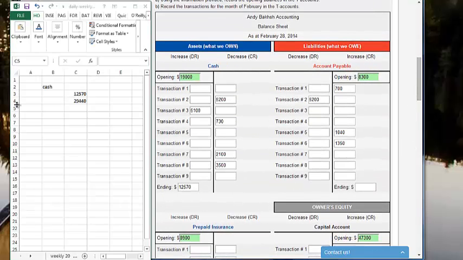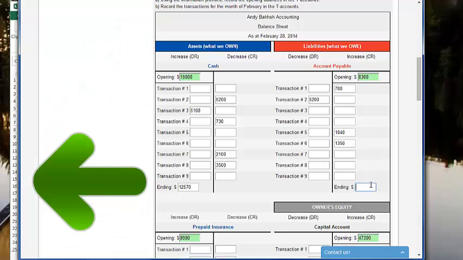Accounts payable, I started with 8,300. I reduced that by 5,200, and then I added 1,040 and added 1,350 for an ending balance of 5,490. So you see, these problems take some time.